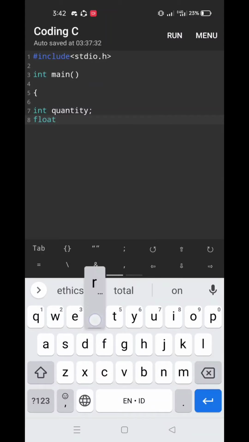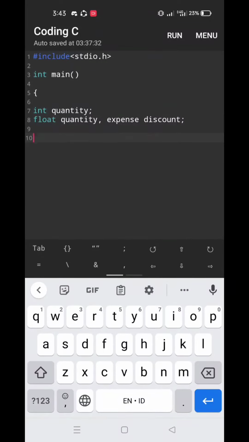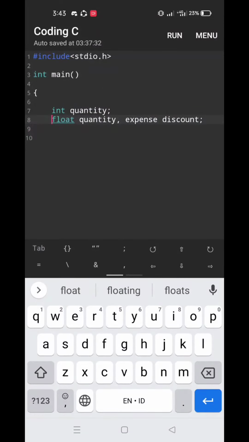So we're going to write rate, quantity, expense, and discount. So let's just put here a tab. Next is printf.